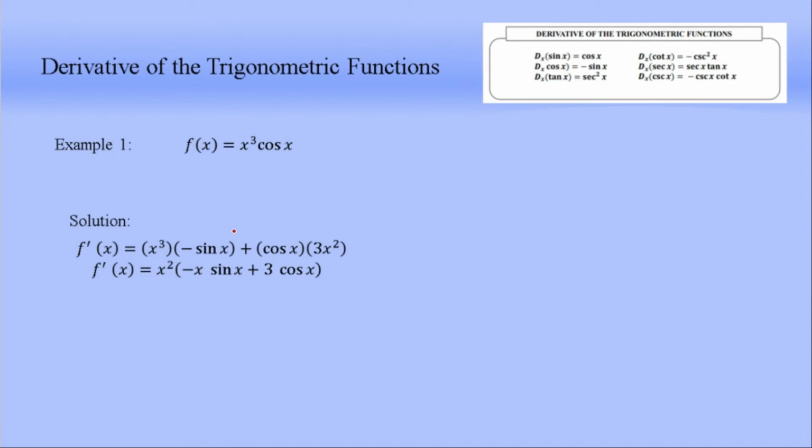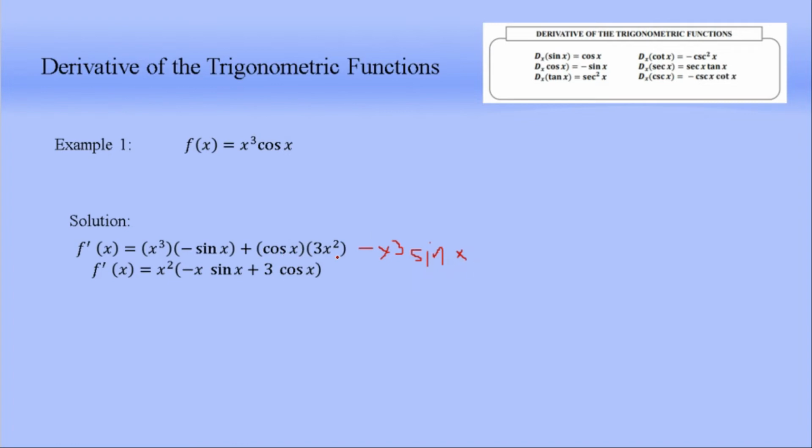So for this, we're going to multiply this, and it's going to be negative x squared sine x. Please ignore the handwriting.